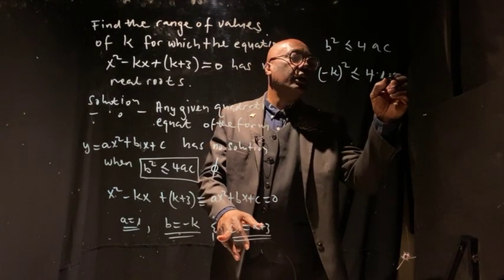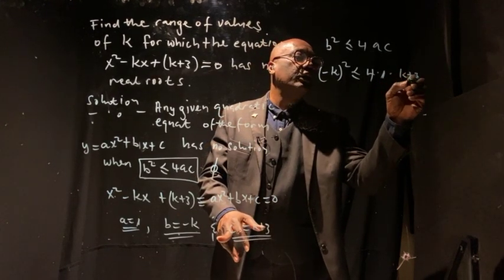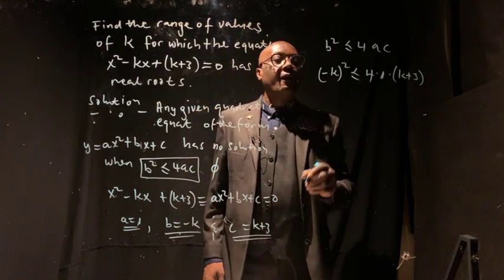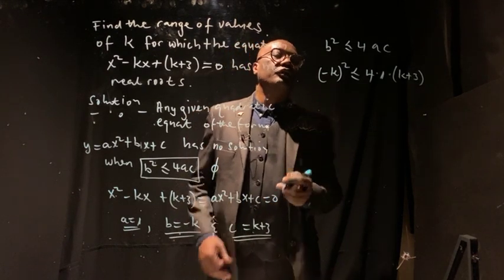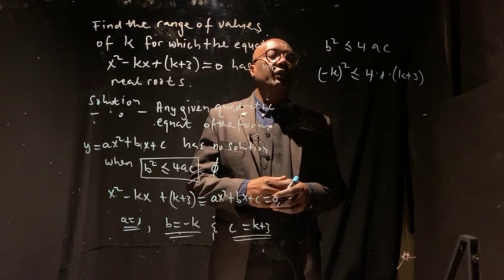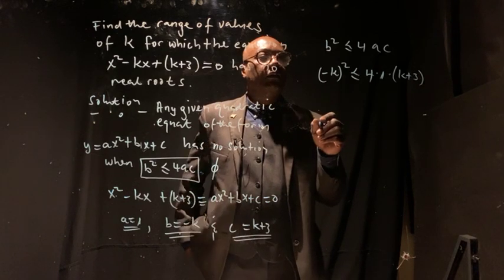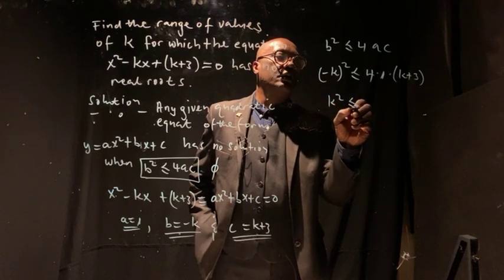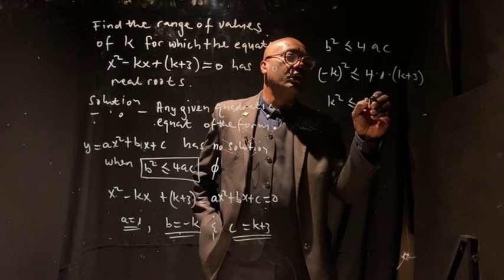C is k plus 3. Good. Then we have squaring a negative number. That number still becomes positive. So we have k squared is less or equal to 4.